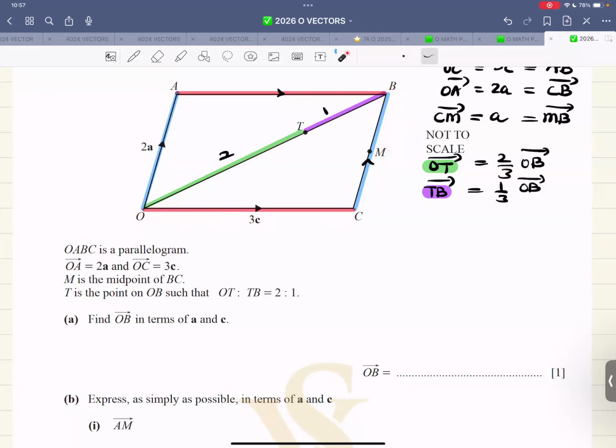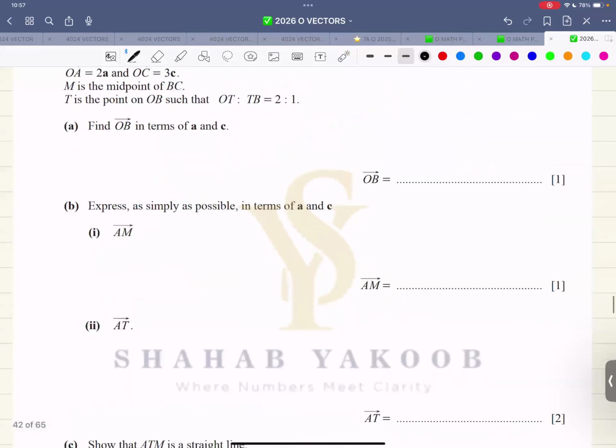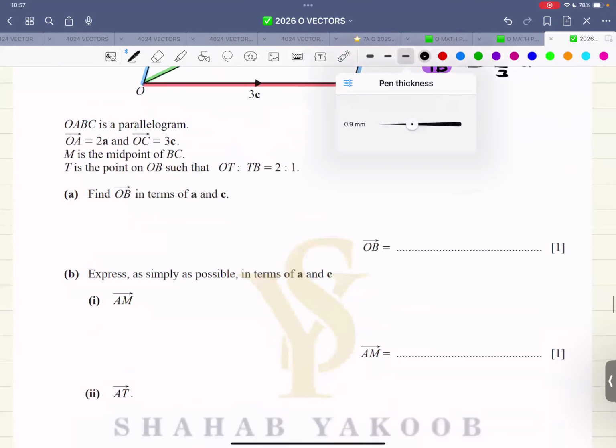Someone can ask this question, can we go from O till A and then A till B? Of course, yes. So O till A till B, that is also OB. So O till A plus A till B, that is OB.